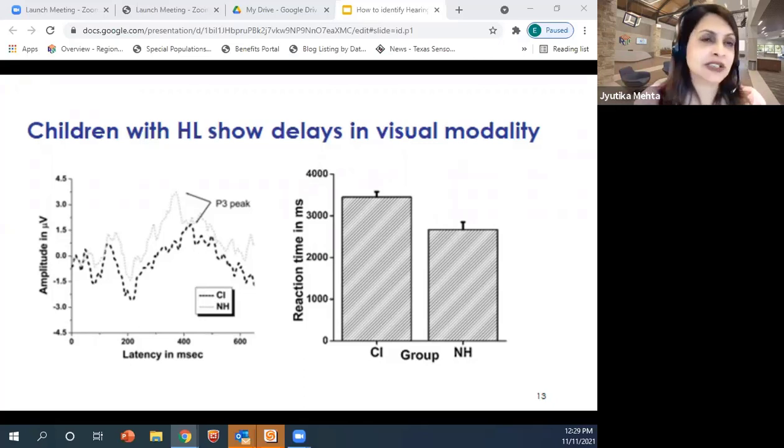Of course, it changes, and there is an individual variation as well. But this study, and I have several studies supporting it, indicates that when we work with children with any sensory deficits, keep in mind that there is a possibility of deficits in other sensory areas as well, even though it seems like there is no identified deficit.